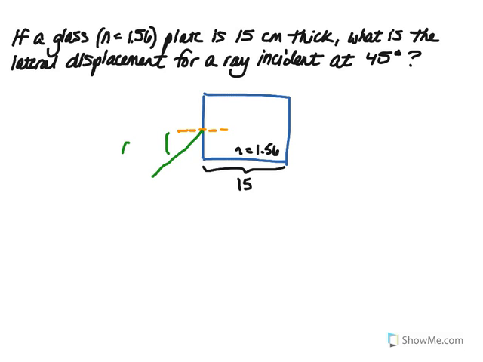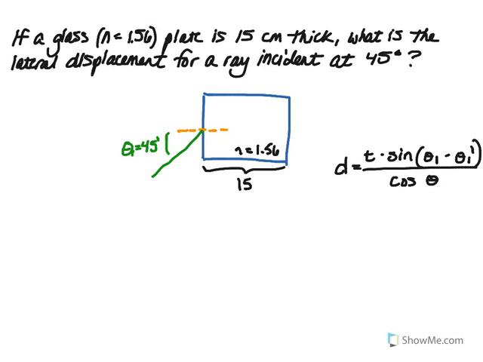That's here. And to find the lateral displacement, we can use the equation d equals t, meaning the thickness, times the sine of theta 1 minus theta 1 prime, divided by the cosine of theta 1 prime.